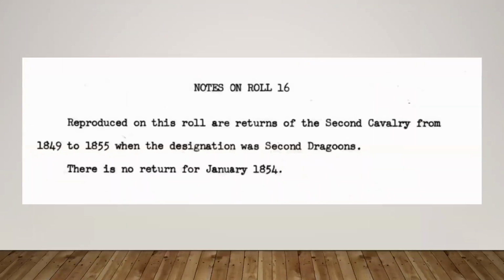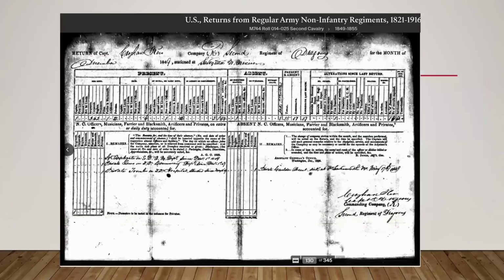And when you look at the microfilm publication information in the front of M744, you'll see that it says, in regards to roll 16, reproduced on this roll are returns of the 2nd Cavalry from 1849 to 1855, when the designation was 2nd Dragoons. So we're in the right place. And if you look, there are muster rolls for the 2nd Dragoons out there.